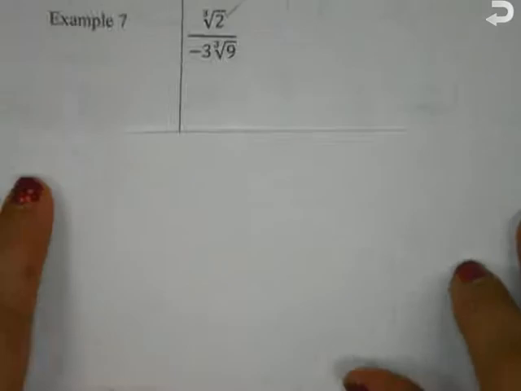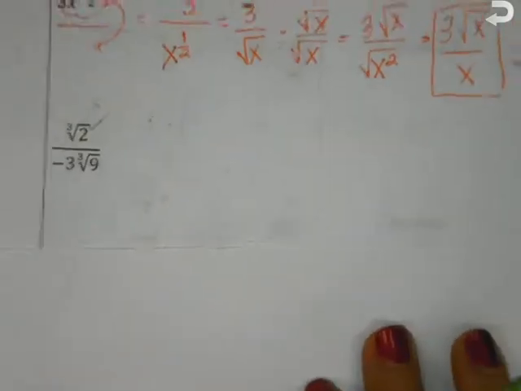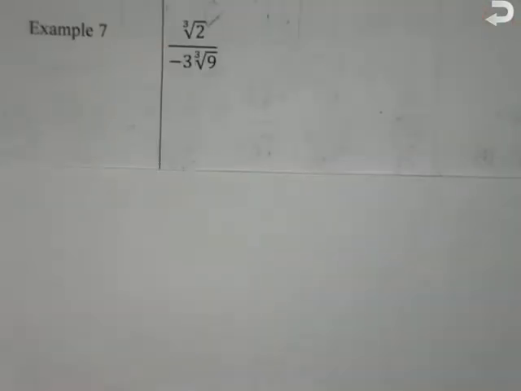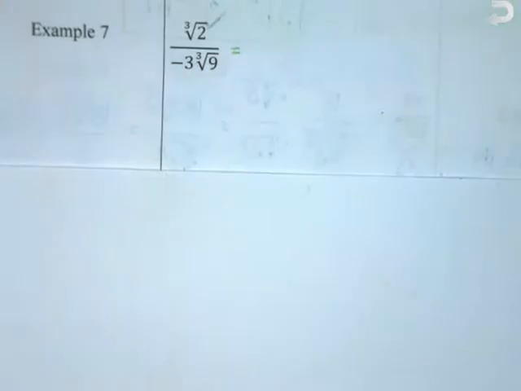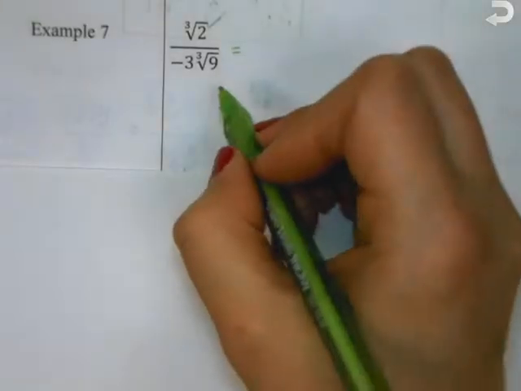All right, number 7, cube root of 2 all over negative 3 times the cube root of 9. Okay, first of all, let's rewrite 9 so that we have it in terms of exponents. How can I rewrite 9 in terms of exponents? 3 squared.